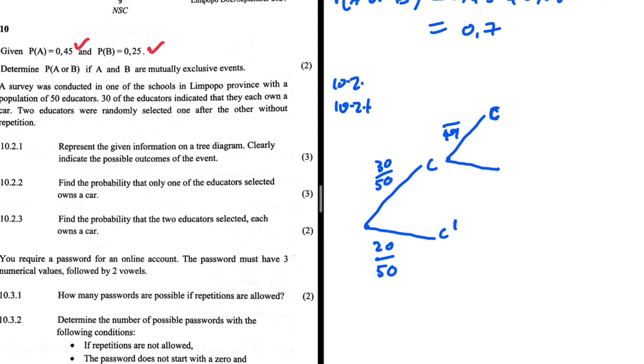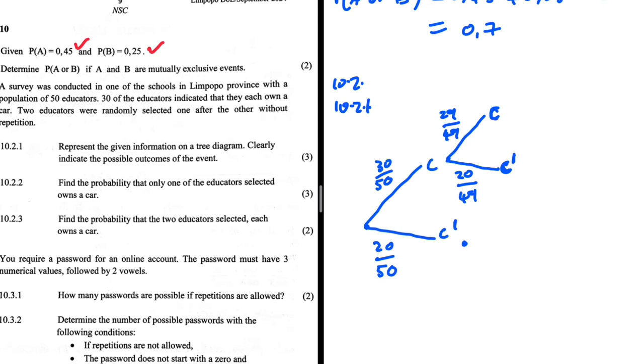And then how many teachers with cars are left? 29, because there are 30 in total. And then the outcome of having a teacher with no car if the first teacher selected has a car: we still have 20 teachers with no cars, but our total of teachers now is 49 because we have removed one teacher.